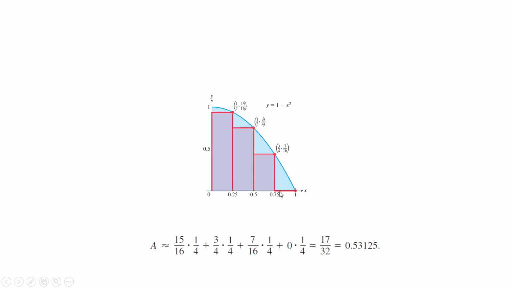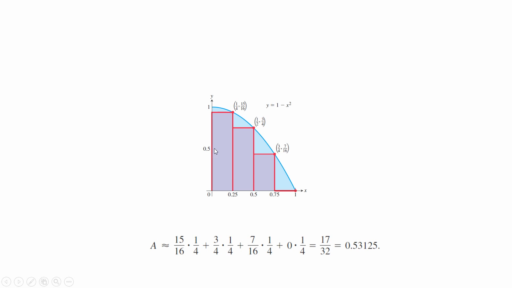You can see in this case the minimum value of the function is 0, which is the value of the function at x is equal to 1. So you can see here only a line. There is no rectangle, because the height of the rectangle is 0. A rectangle with 0 height will be just a line. So again, by adding the areas of all these rectangles, we have this result.